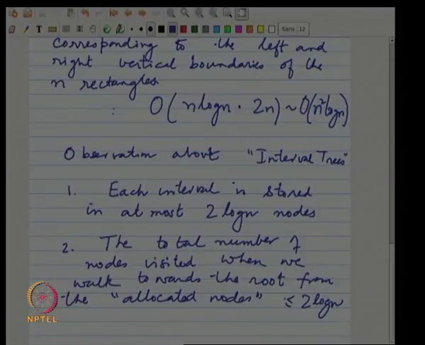So, this is what actually makes the update not even log square n, but log n.